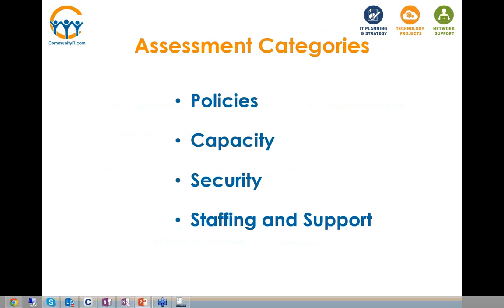So those are 4 major categories that you can look at when you're assessing your IT capacity. And if you hire someone from the outside to assess your IT status quo, make sure that they're looking at these different categories as well. Bring them your policies and say, hey, could you review our policies for us?